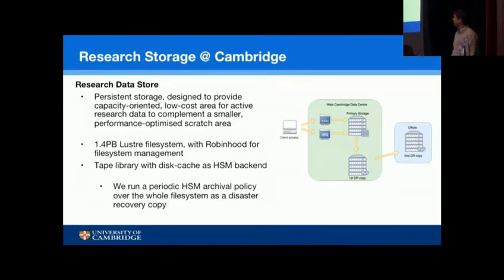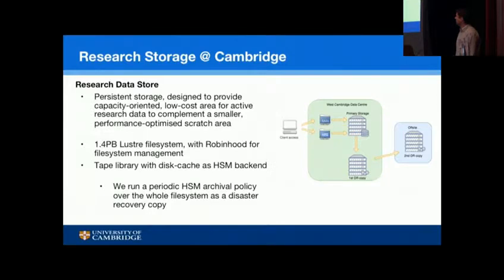So we have a Lustre file system that researchers will buy space on, and we have a Robinhood-backed policy on it that is, over time, archiving these researchers' data periodically to our HSM backend, which is a tape file system that I'll talk a little bit more about in a moment.